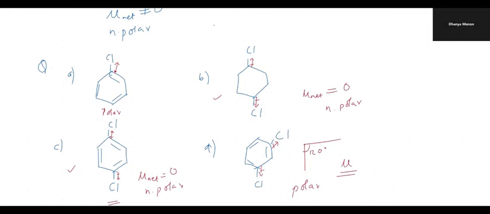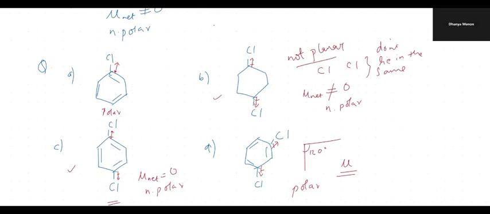The two chlorines are not opposite because this compound is not planar. The two chlorines don't lie in the same plane. So if they are not in the same plane, do they cancel each other? They don't cancel each other.